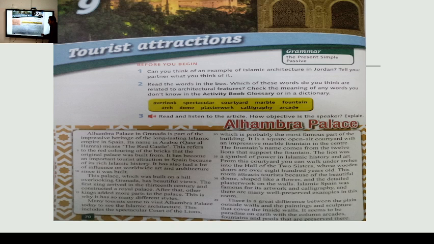Now let's read the last paragraph, starting from: there is a great difference between the plain outside walls and the paintings and sculpture that cover the inside walls. Inside the walls of the building, you are going to see many artworks, like paintings and sculpture.